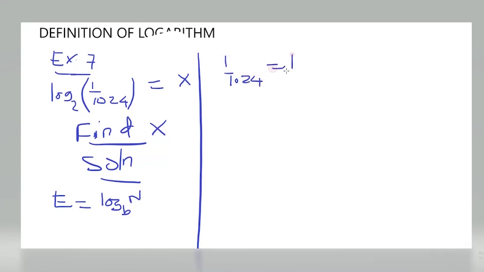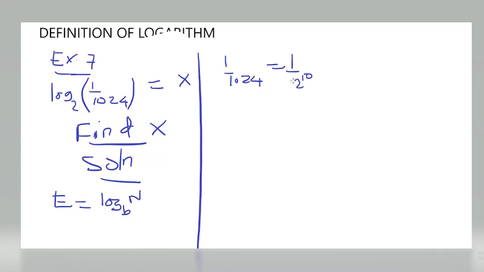This is equal to 1 over 2 power, I don't know, 6, 7, 8. Power 6 is 64, power 7 is 128, power 8 is 256, power 9 is 512, power 10 is 1024.